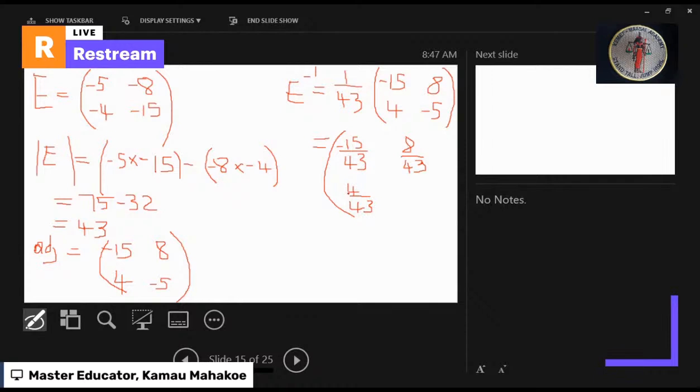And 1 over 43 times negative 5 is negative 5 over 43. And this is our answer. We can't simplify these fractions since 43 is prime. So that's our answer there for the inverse of E.